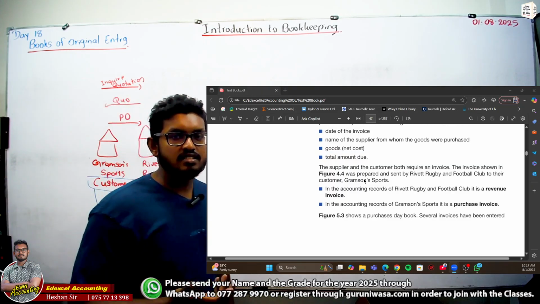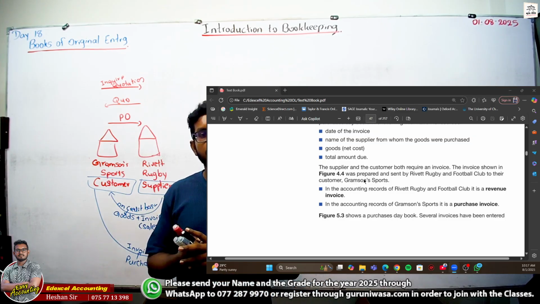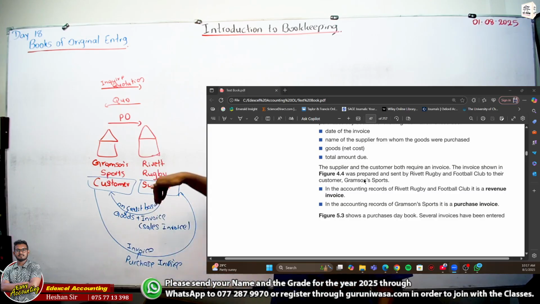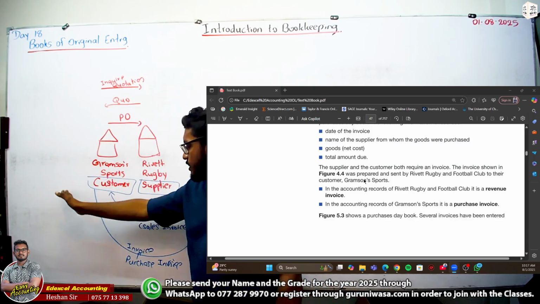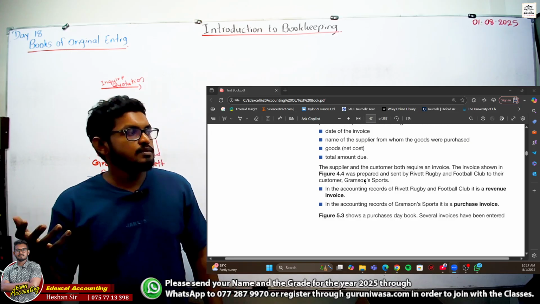The customer takes a copy of the supplier's invoice, two photocopies, and puts a seal on it as purchase invoice, because it's the same thing, the same item, same price, prepared initially by the supplier and sent along with the goods. Why would the customer need to raise another similar document? Am I clear to you? Send me a thumbs up.